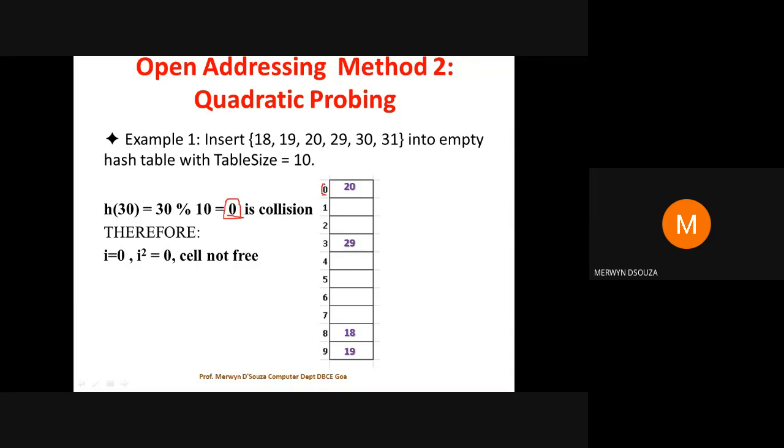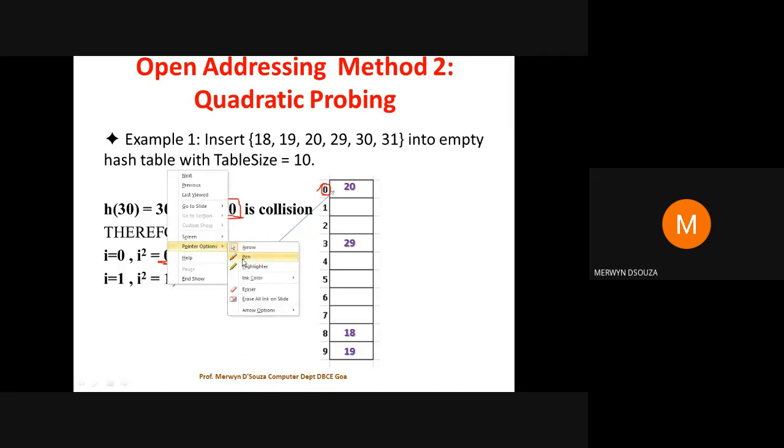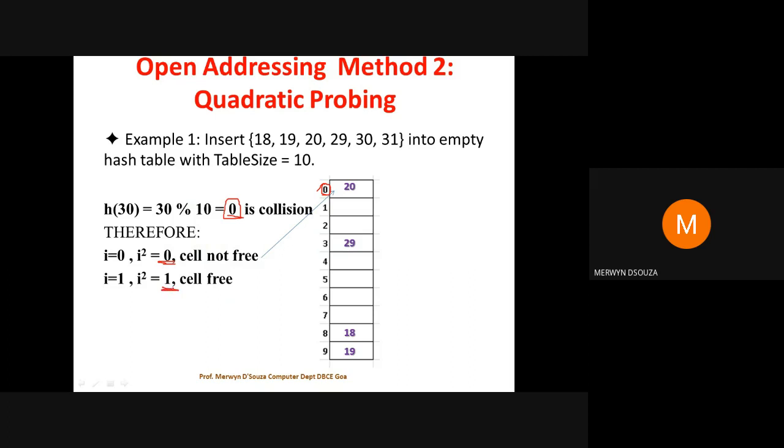So this is now again this 0. Increase to 1. Find I square. So I square is again this value 1. So this is now 1. Cell is free. Insert 30 there. I hope you are getting what I'm trying to do.